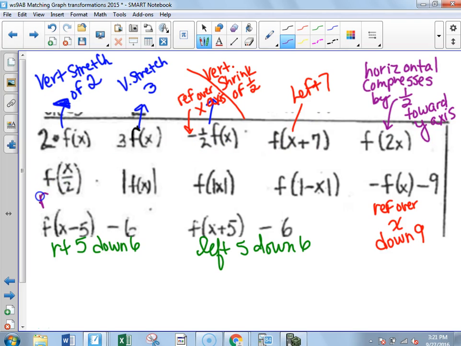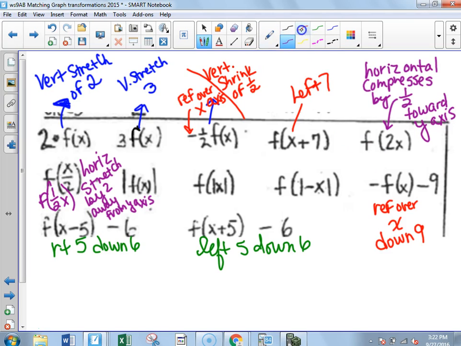This one is the same as f of 1/2 x. So this is a horizontal stretch by 2. It will stretch it out away from the y-axis. All right, I'm running out of room to write.